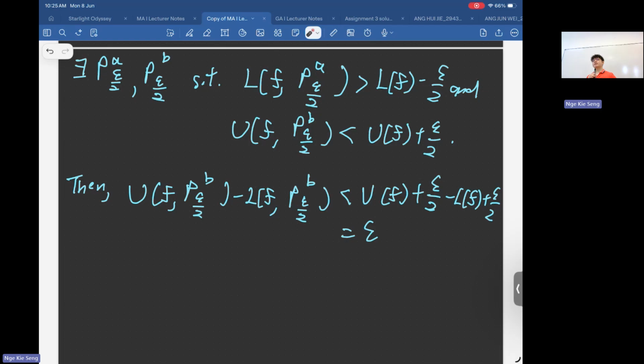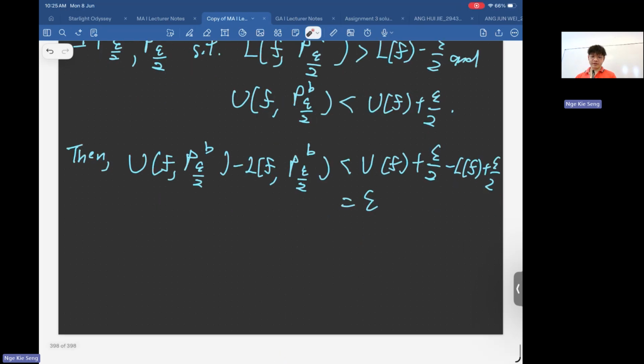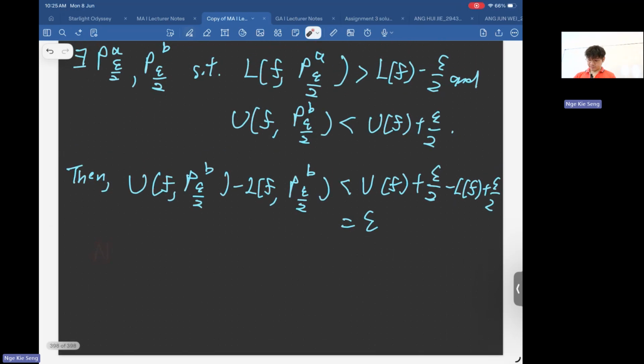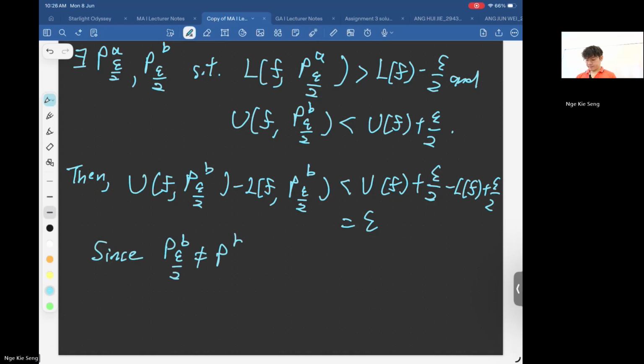What's the technical term we learned last week? You create more sub-intervals. So you are doing refinement. Okay, so you consider the refinement. Since these two partitions might not be the same, right?